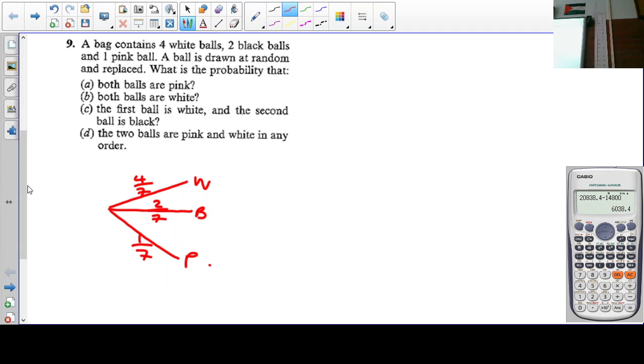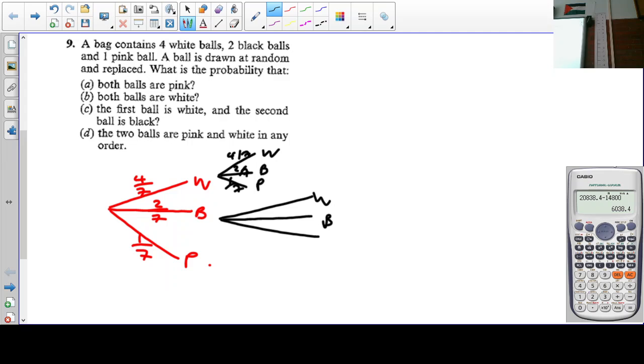So if you draw a white ball on your first event, your second event is going to be white, black, pink again: 4 over 7, 2 over 7, and 1 out of 7. Same thing here. If it's black, we get white, black, and pink again, so it's 4 out of 7, 2 out of 7, and 1 out of 7.